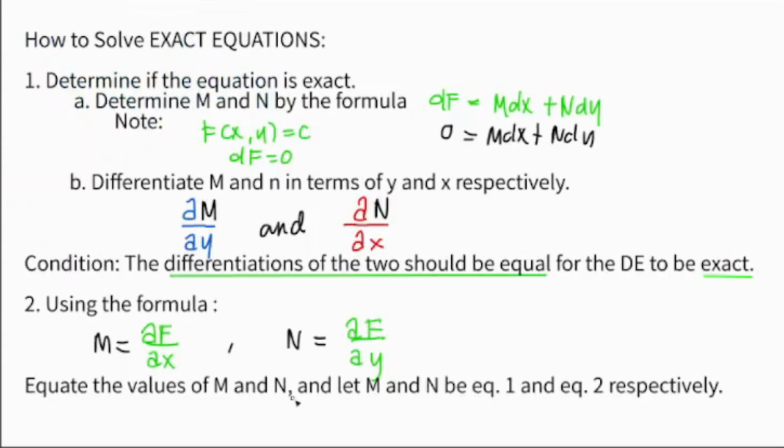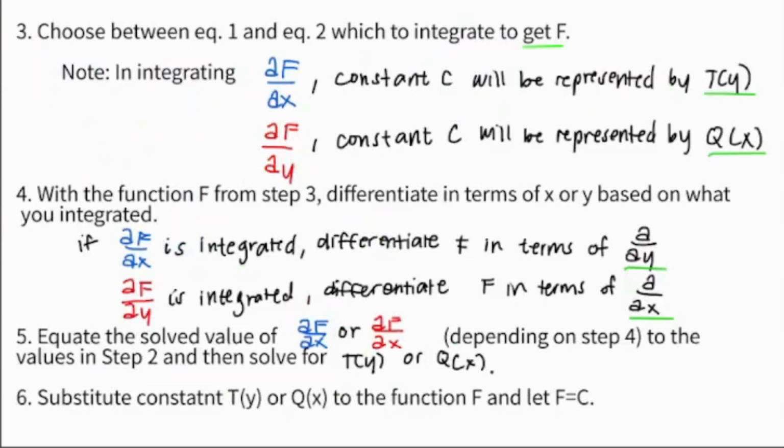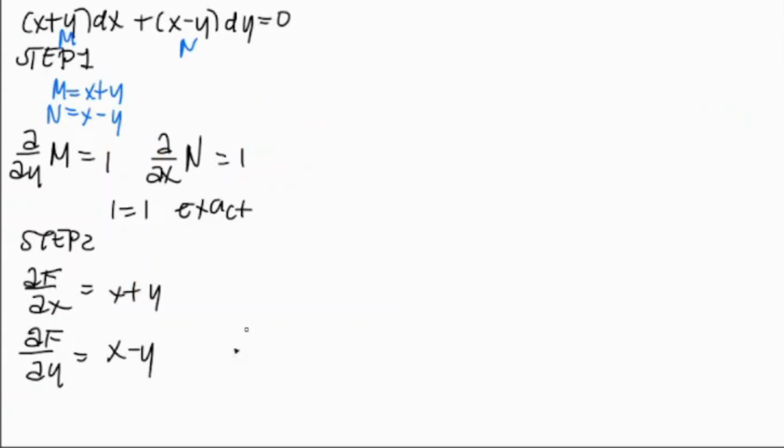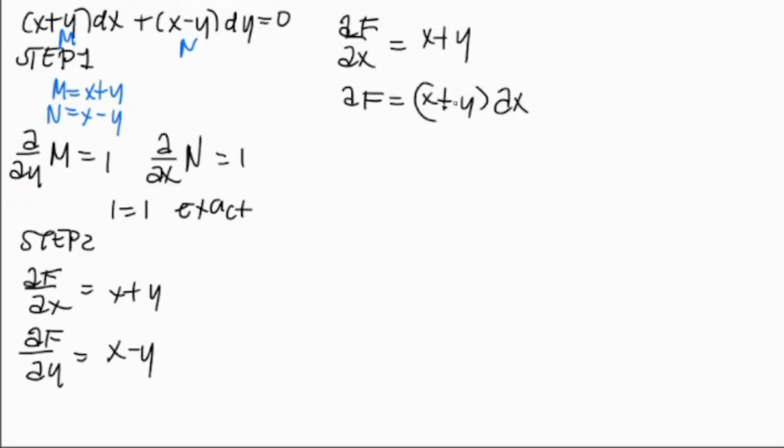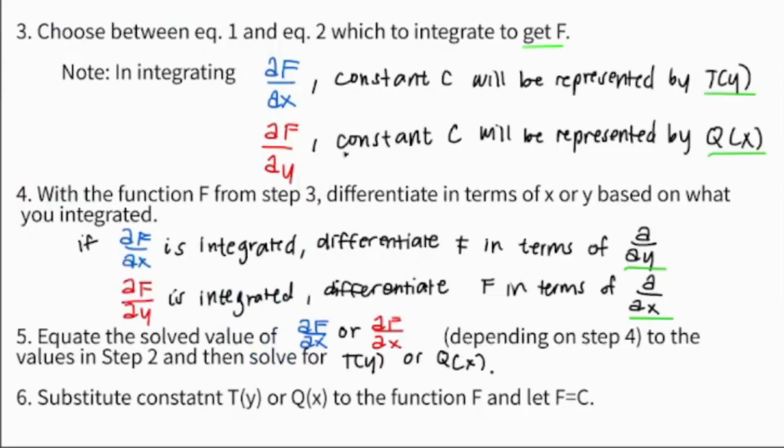So, step 3 is pumili ako sa dalawang equation kung ano ang i-integrate ko to get f. So, pareho lang naman silang madali, pero ito na lang yung piliin natin. So, df over dx is equal to x plus y. Multiply natin both sides by dx, magiging df is equal to x plus y dx. So, ngayon, integrate na natin both sides.